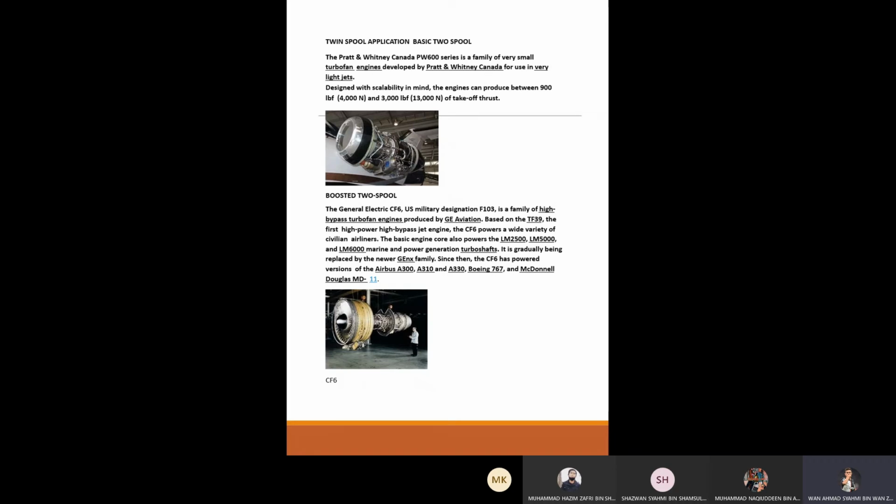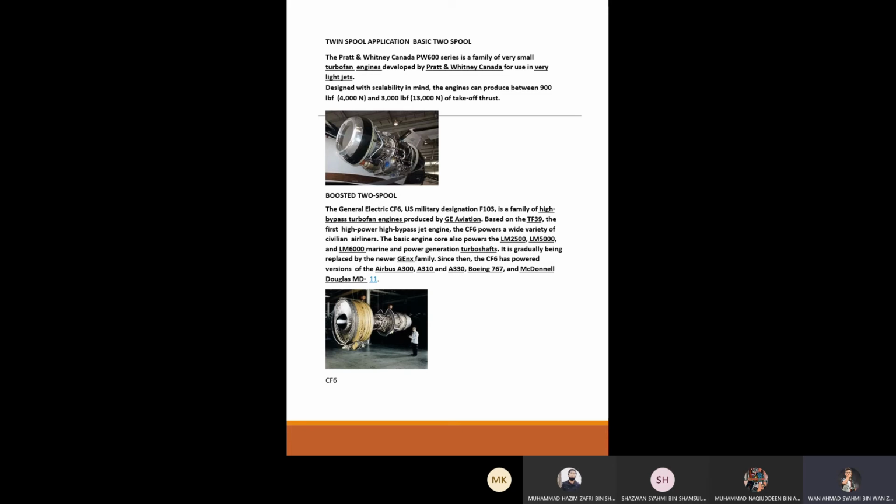It is gradually being replaced by the newer GE9X family. Since then, the CF6 has powered versions of the Airbus A300, A310 and A330, Boeing 767 and McDonnell Douglas MD-11.